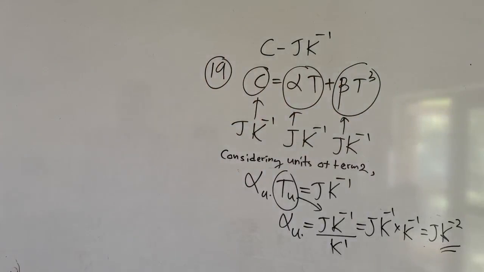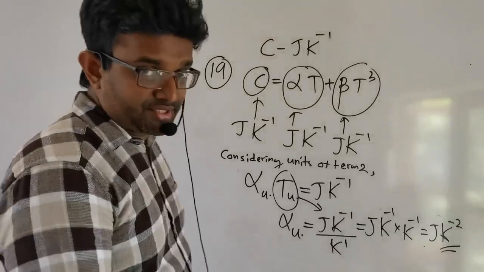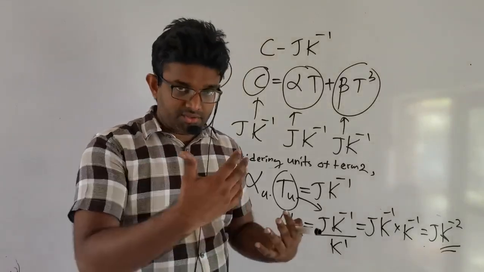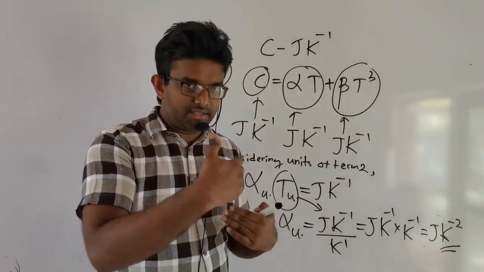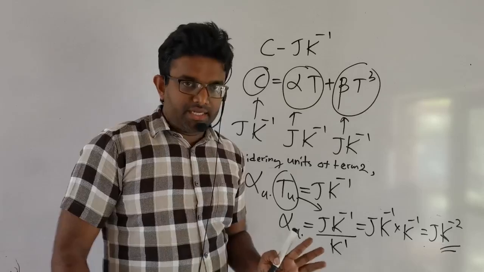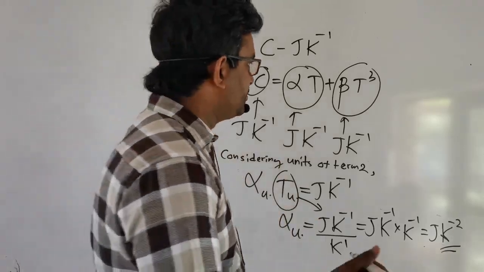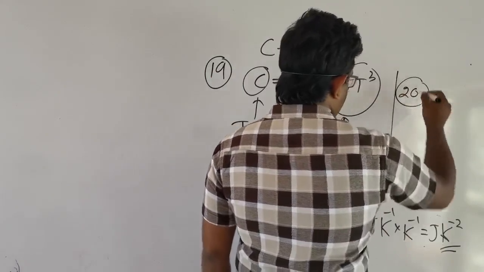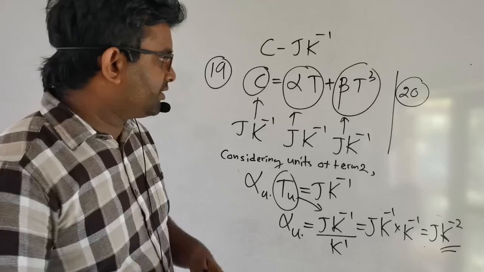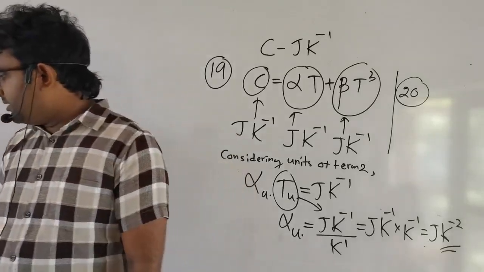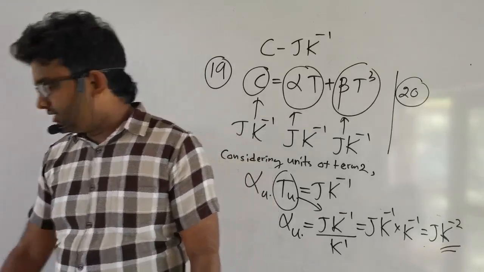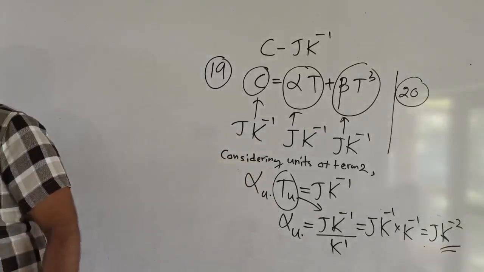Then the 20th question is also a similar question today. Try it at home. You are given the answers also, so you can check them. In question number 20 today, a physical quantity is given as C, that is not heat capacity. That is specific heat capacity.